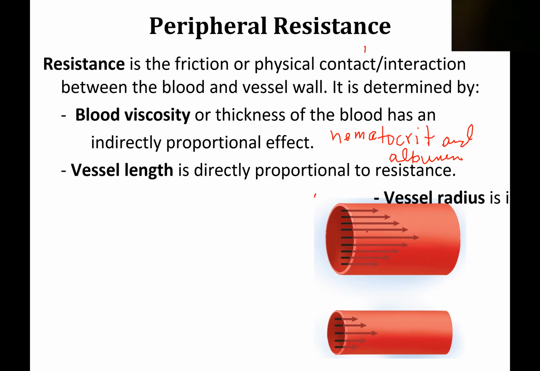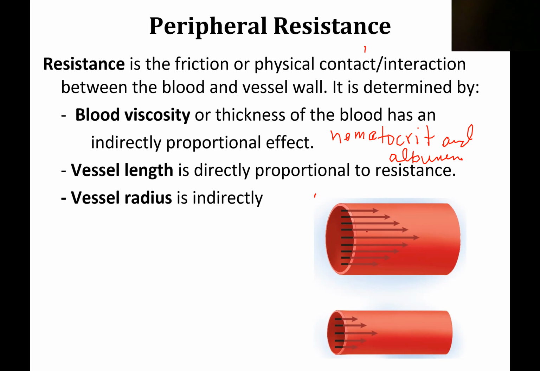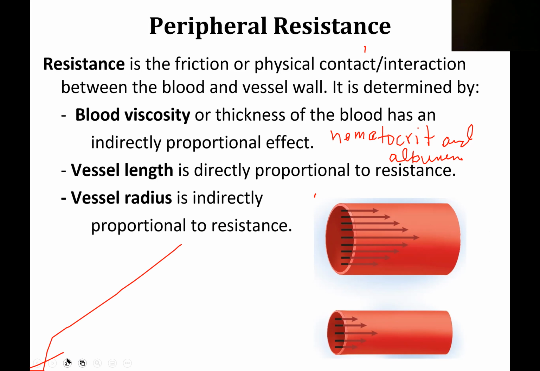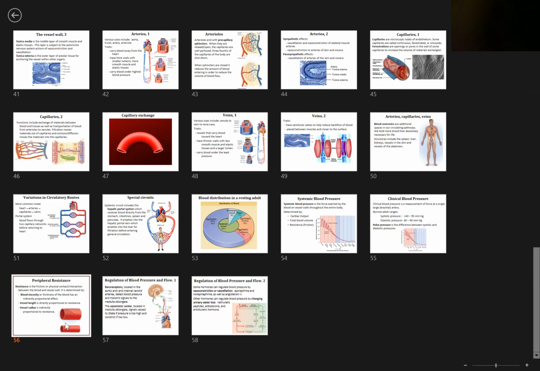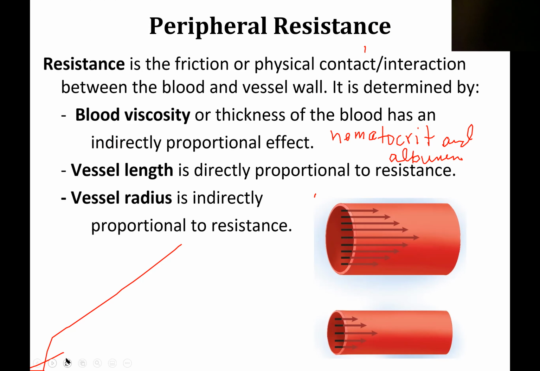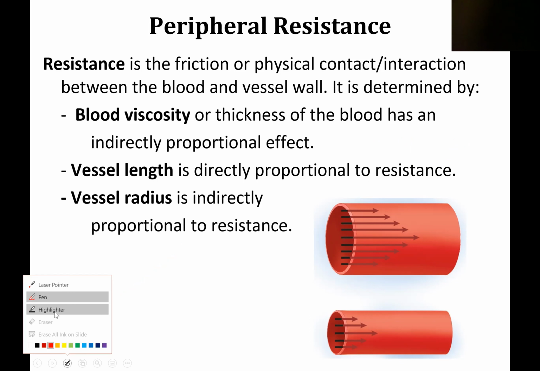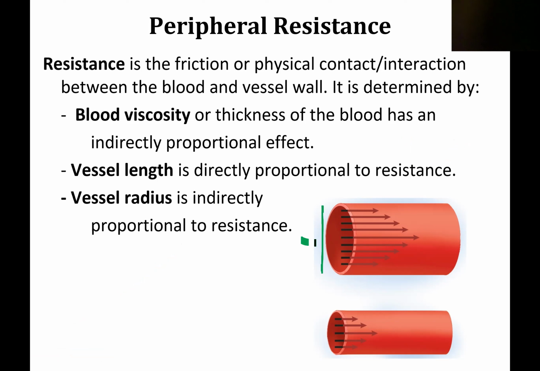In blood vessels. Vessel radius is indirectly proportional to resistance. And that's what we're seeing here. The larger the lumen, the less resistance.